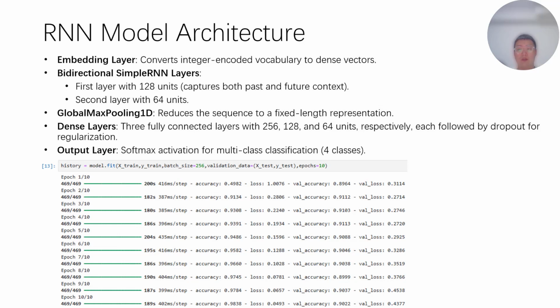These layers are followed by a dropout layer to help prevent overfitting by randomly setting a fraction of input units to 0 during training. Finally, the output layer uses the softmax activation function, which is ideal for multi-class classification. It outputs a probability for each of the four categories, and the class with the highest probability is chosen as the predicted label.